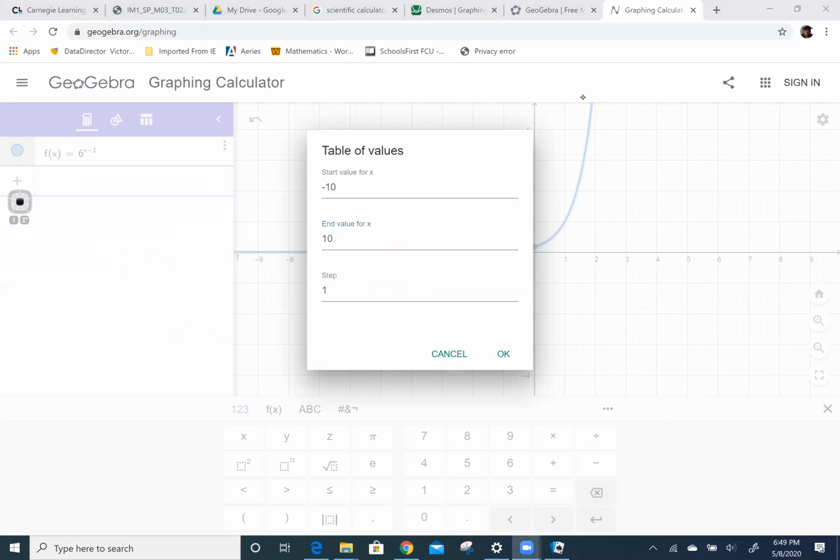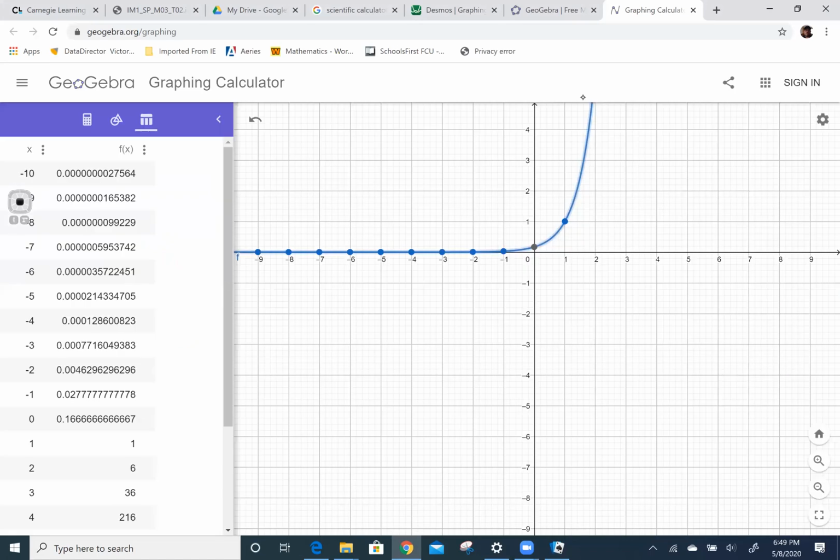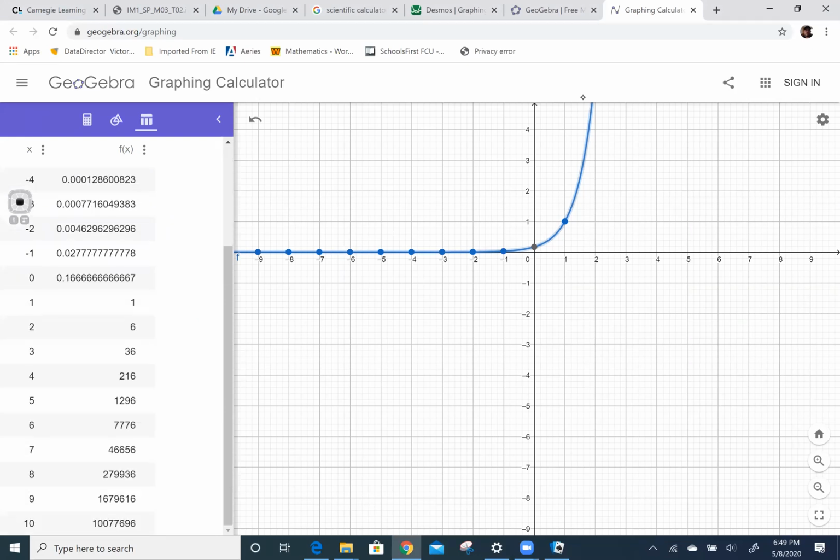There we go. So from -10 to +10. What this is going to do is give me the values from -10 all the way to +10. So I look for 7,776. Okay, and it's right here. So that gives me my value of x.